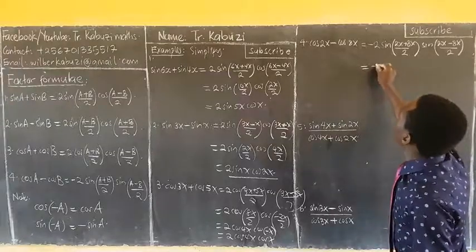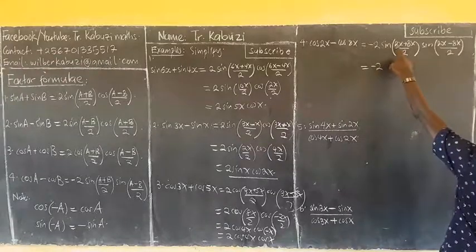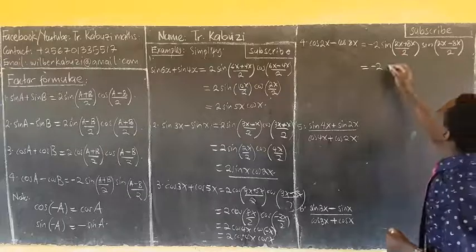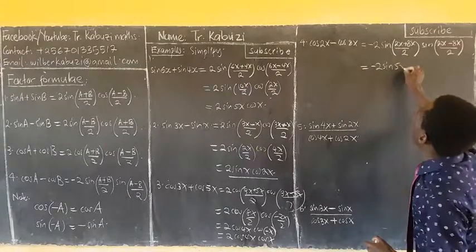When we add, we get 10 divided by 2, that will be sine 5x.